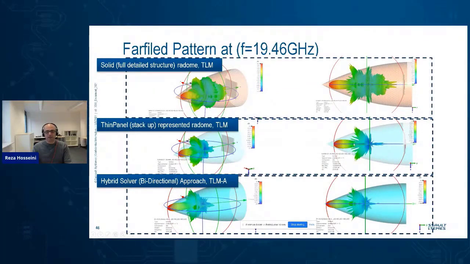So we can see that at the passband frequency, for the main beam, they are more or less doing well. Although looking at the full geometry model at the top, we see some quite spiky, sharp side lobes and a bit stronger back lobe.